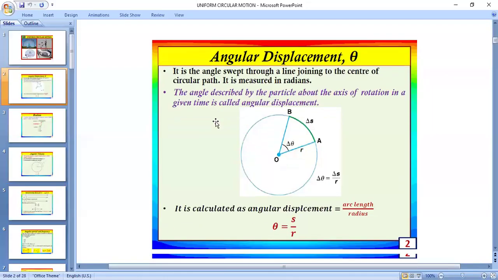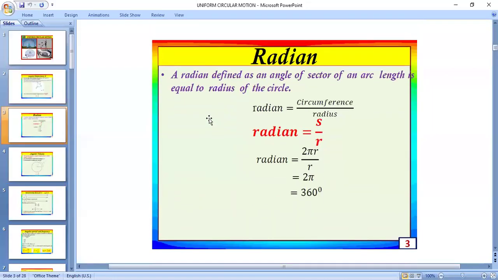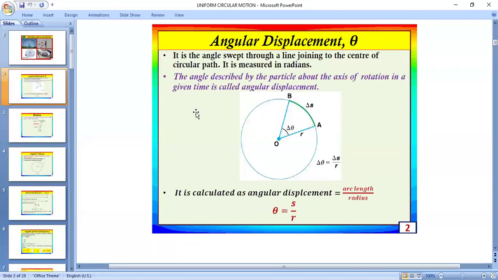Next, we have the definition of a radian. A radian is defined as an angle of sector of an arc length, which is equal to the radius of the circle. Now back to this diagram here. Suppose S equals R, then the angle subtended here will be 1 radian.